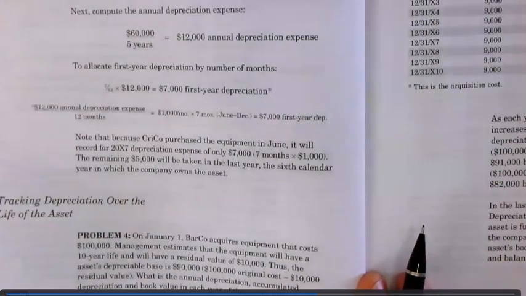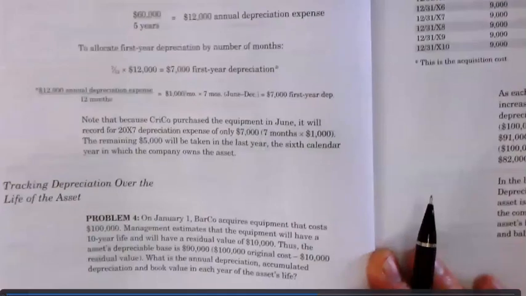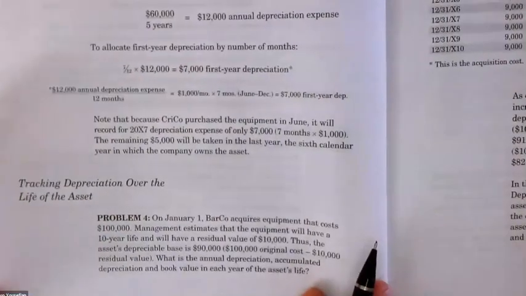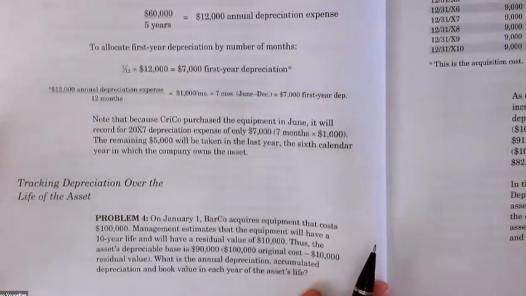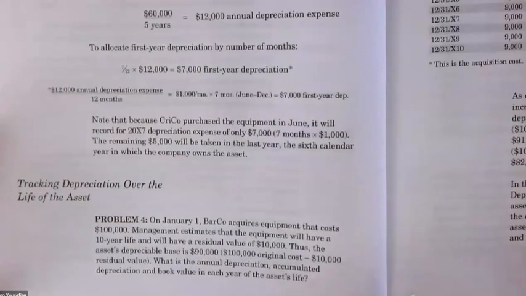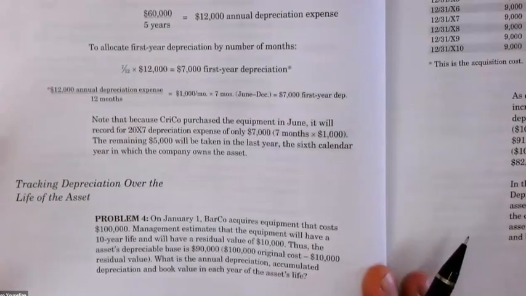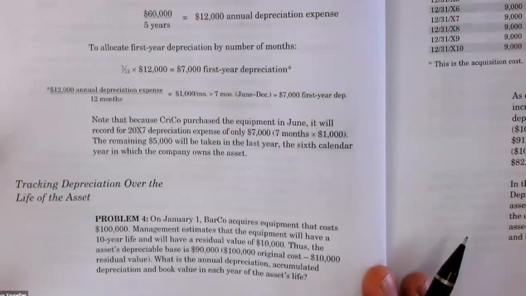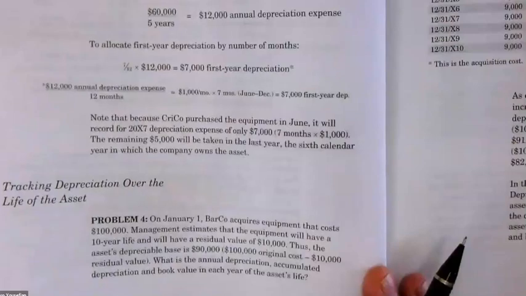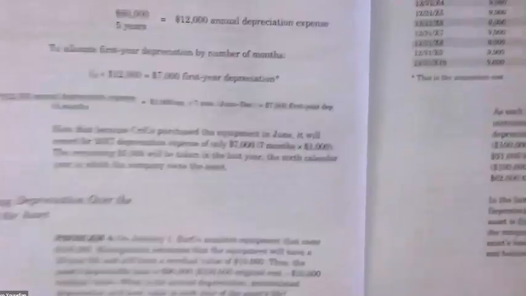At the bottom of page 34, in order to track, you can create a schedule of depreciation in Excel, and that way you can see how much you're going to depreciate every year just by looking at your Excel document.